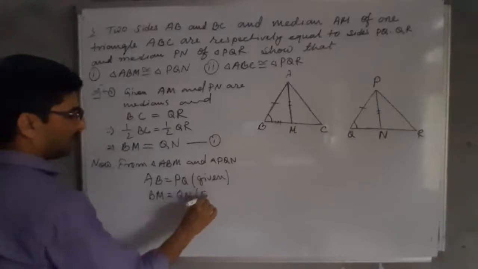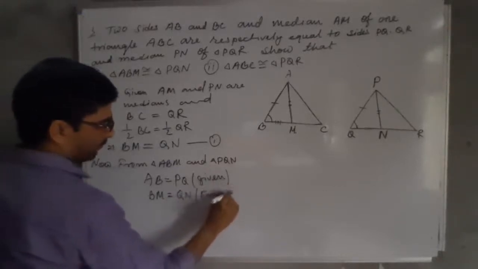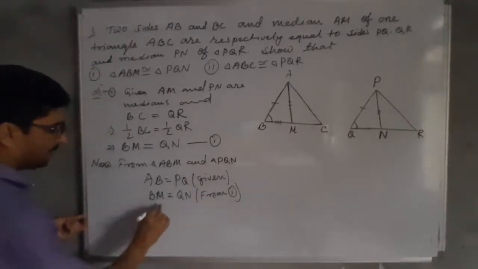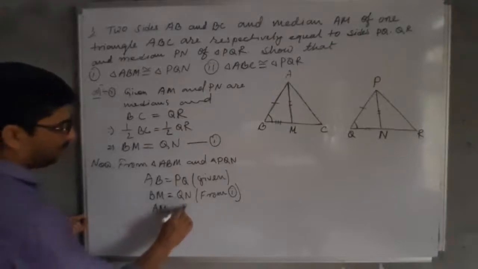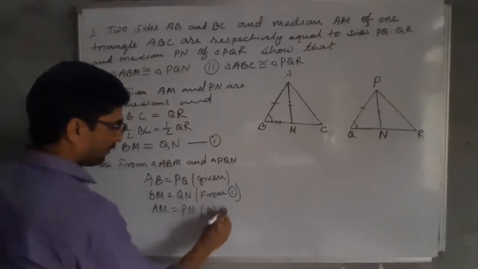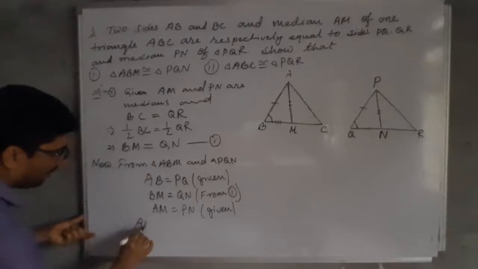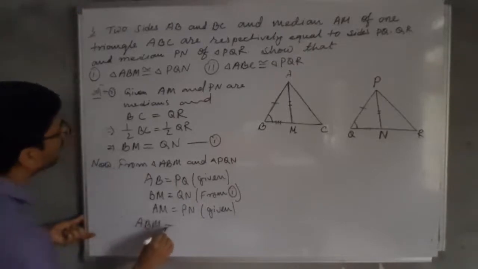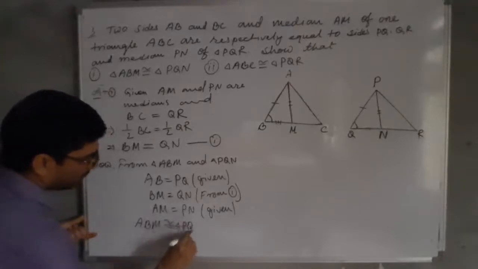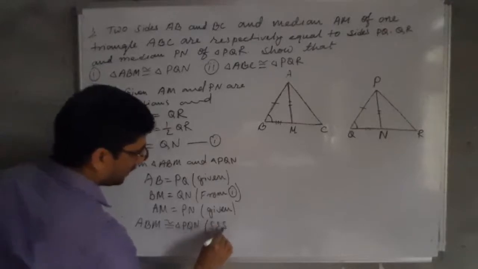This is from 1. In 1 we have just shown that. And then AM, the medians are equal. It is also given. AM equal to PN, and this is also given. Therefore triangle ABM congruent to triangle PQN. This is side side side criteria.